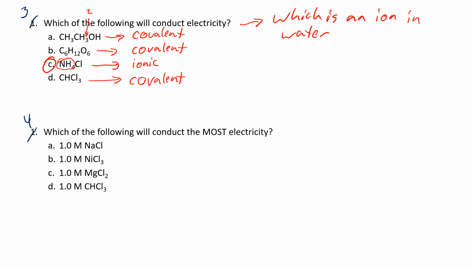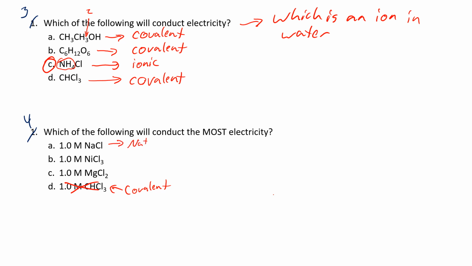If you look at all of these things, they are all soluble in water. Actually, this one right here is covalent, so this is not the answer. It will not conduct electricity at all. So D is completely wrong. But for NaCl, this will produce Na+.